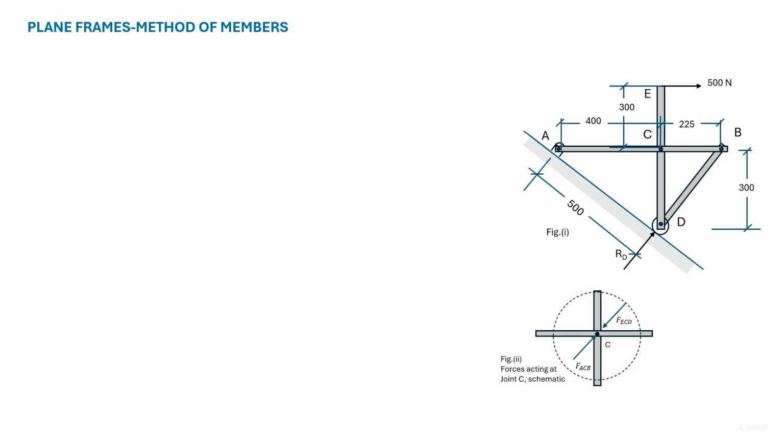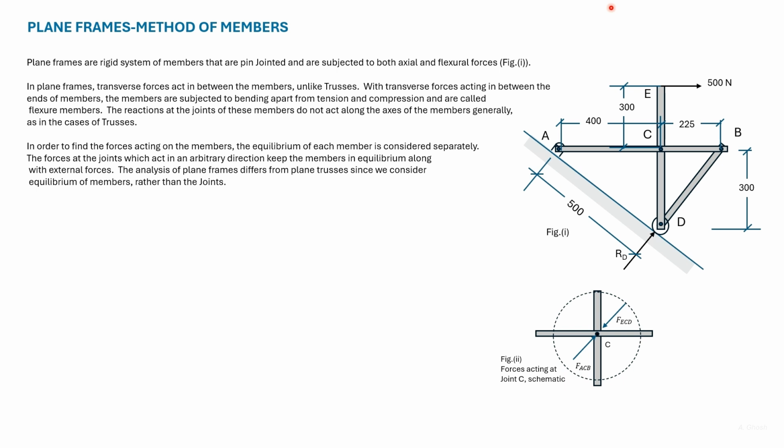With trusses, the forces acting are aligned with the axis of the members, while in plane frames, the forces acting are generally not aligned with the axis of the members. In trusses, we look at the external truss first. We found out the external forces and then looked at individual joints.